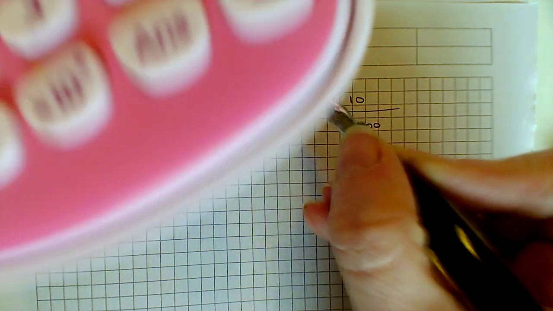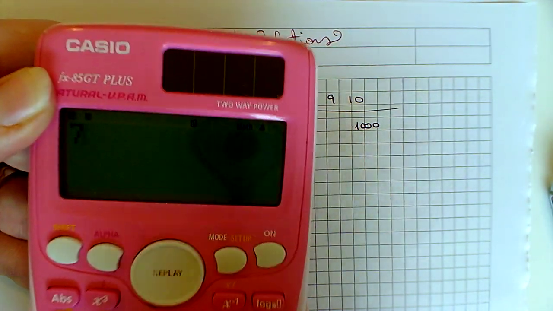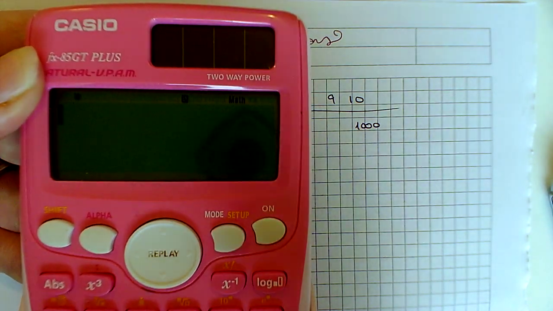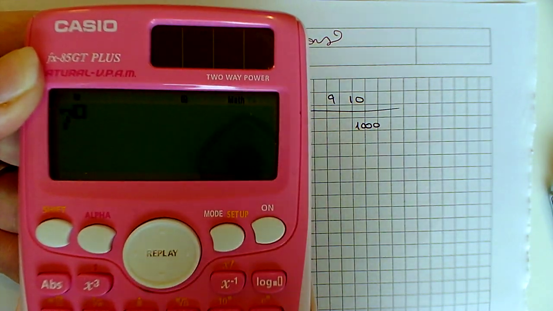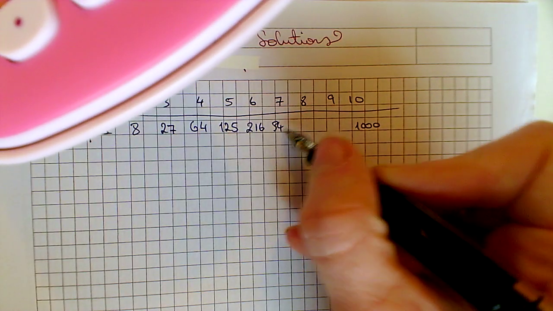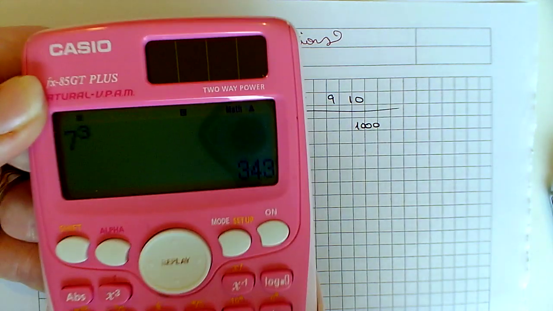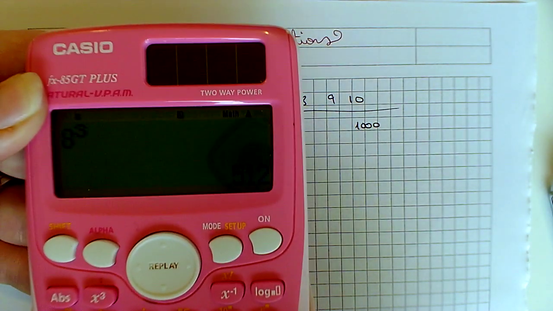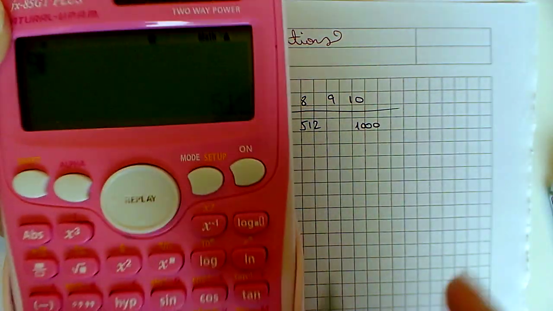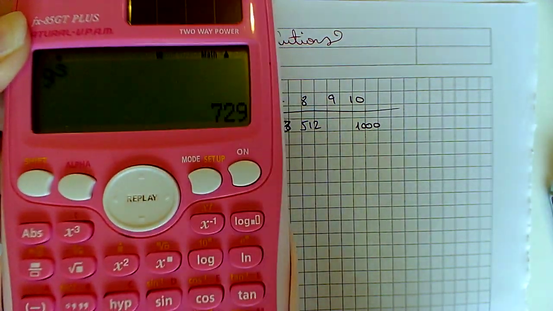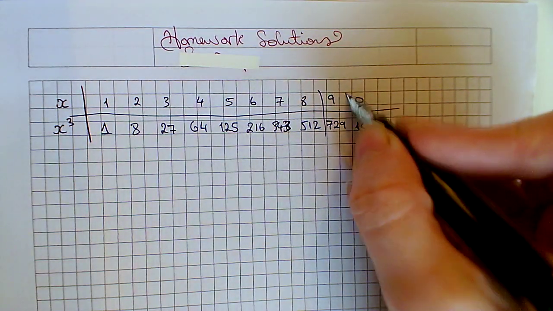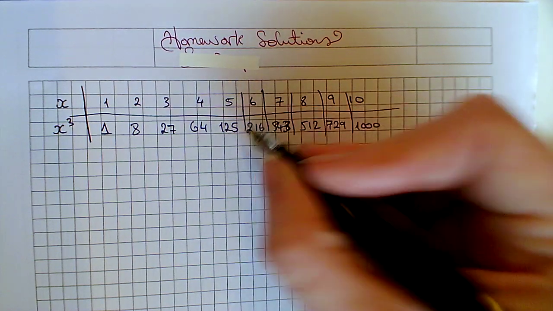So you start to recognize them as you do them more and more. 7 cubed is 343, 8 cubed, 512, and 9 cubed, 729. Now those would be values, especially the first 5, that will come up quite a lot.